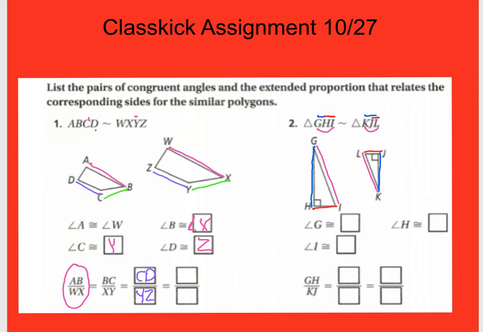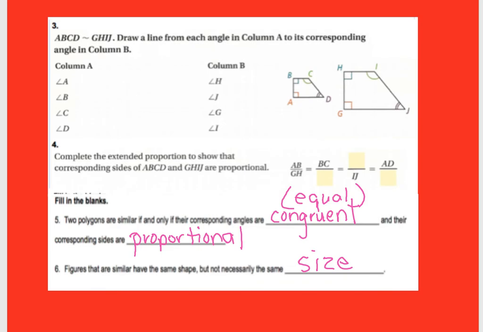And then DA is on top, so what goes on bottom? ZY. Not ZY. What's that up there? Can you see it? It's a W. ZW. Yes. Okie dokie. So I'm going to leave this one, number 2, for you to do because I know you guys can do that fairly easily.